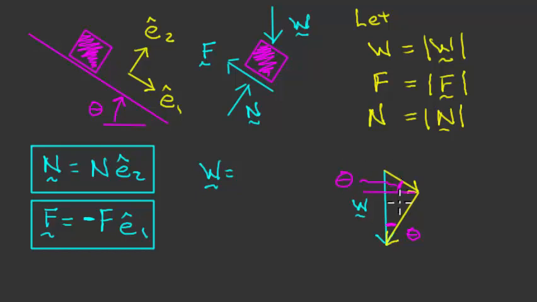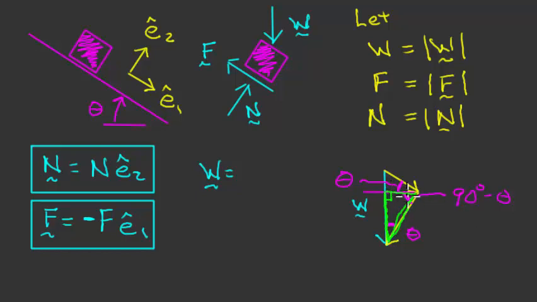And if that angle is theta, then this angle right here would have to be what? Remember, these two yellow vectors are 90 degrees apart, so this one would have to be 90 degrees minus theta, right? So now if we look at this triangle, drawn in green here, that's a right triangle with the right angle there.